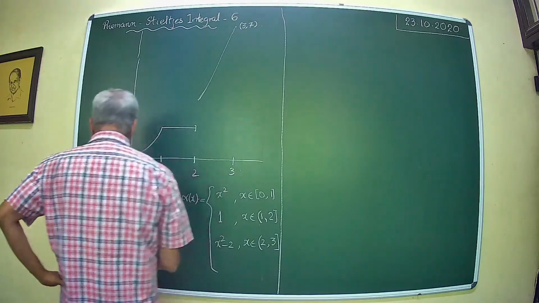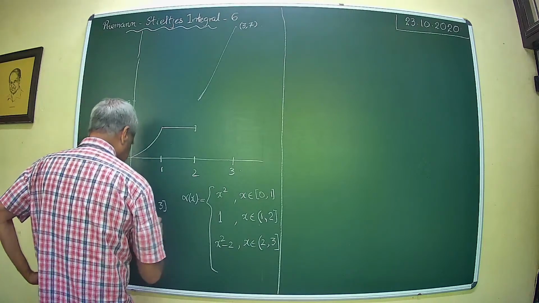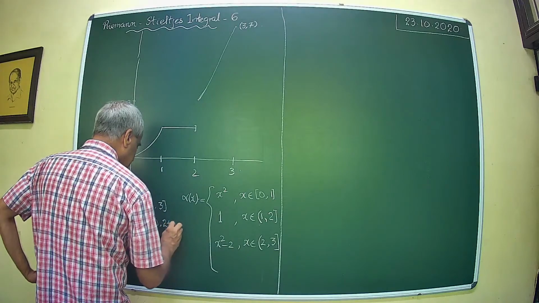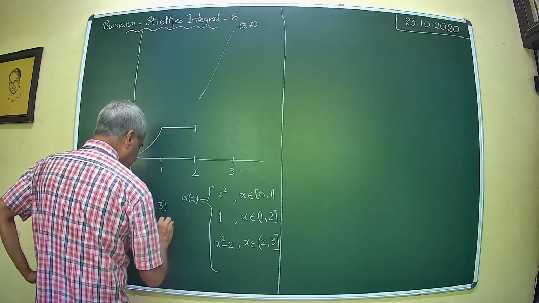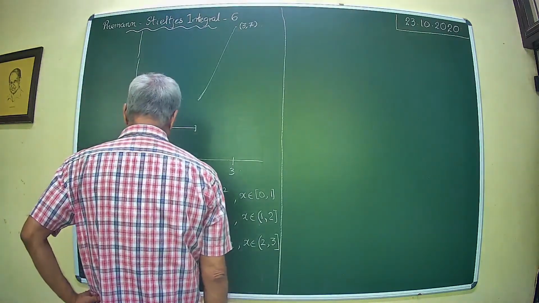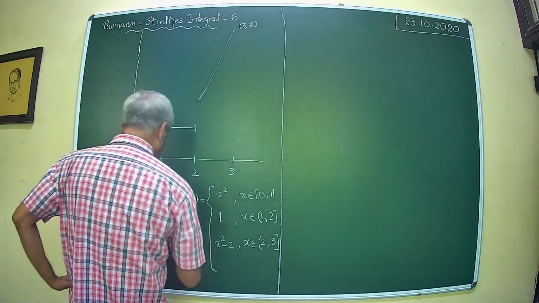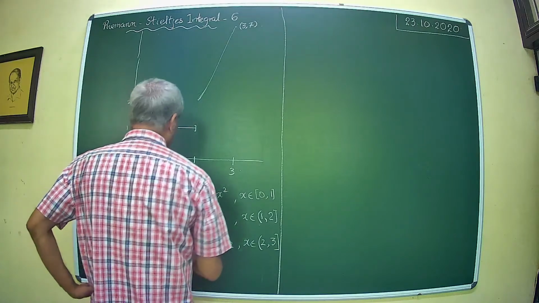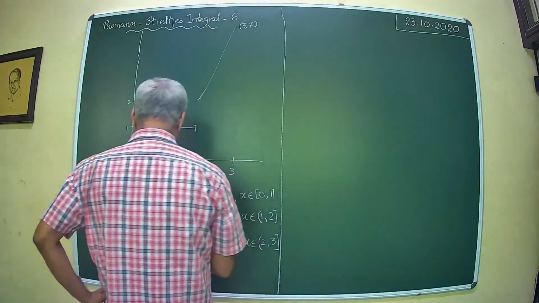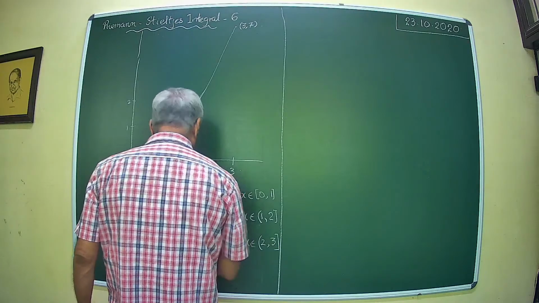Let us choose f continuous on [0, 1 plus epsilon], I do this way, and then choose the union [2 minus epsilon, 3] on this part.